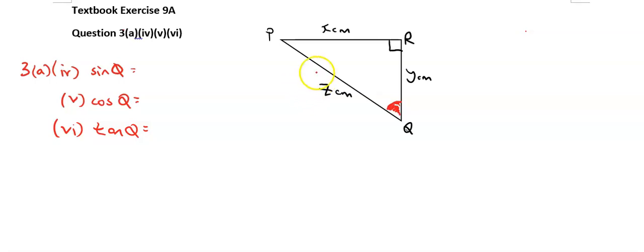Okay, we have our hypotenuse, which is the longest side in the triangle, Z, in a right angle triangle. Alright, so two ways to identify the hypotenuse: the longer side and also the side that is opposite our right angle in a right angle triangle. That will always be the hypotenuse.